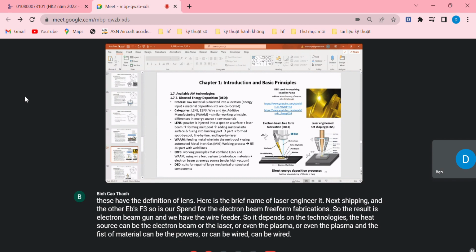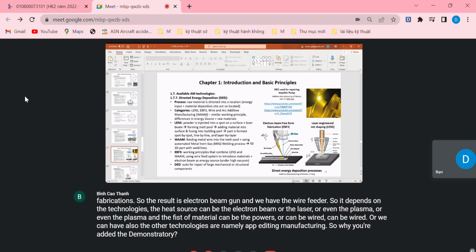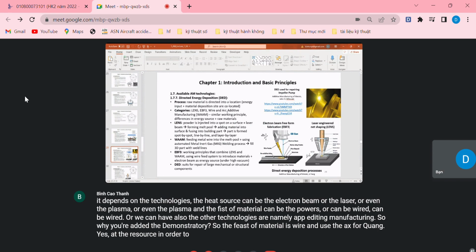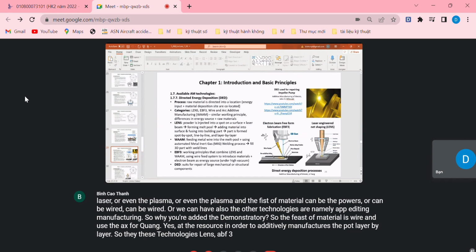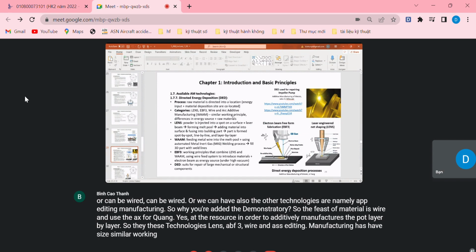Or we can have also the other technologies, namely wire arc additive manufacturing. So the feedstock material is wire and it uses the arc as the heat source in order to additively manufacture the part layer by layer. So these technologies, LENS, EBF3, and wire arc additive manufacturing, have similar working principle.